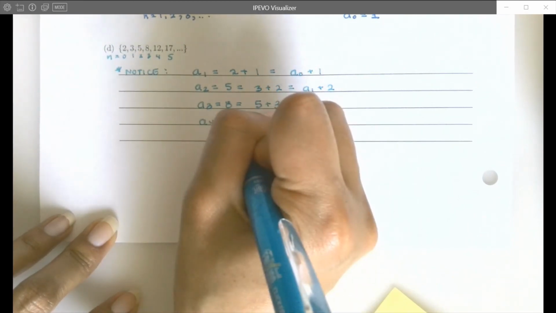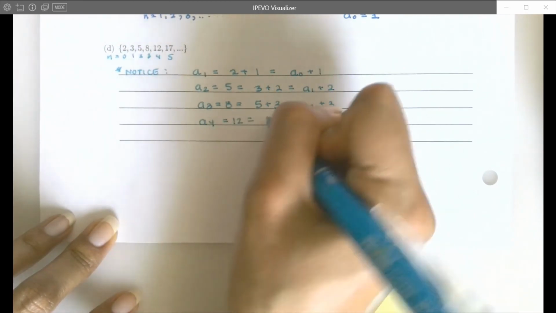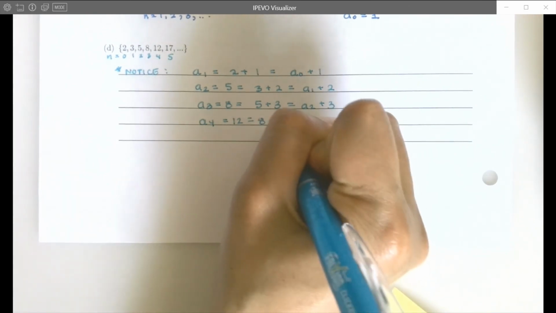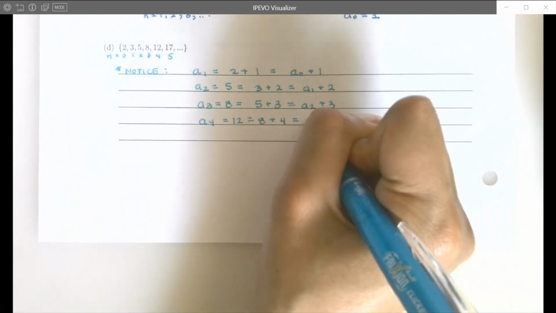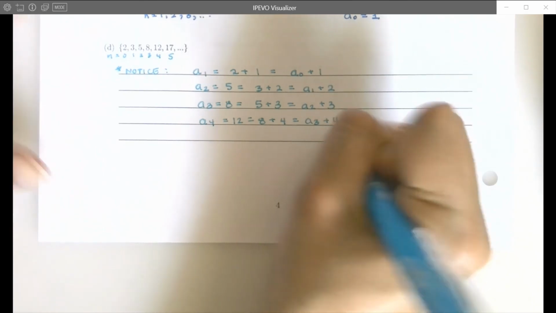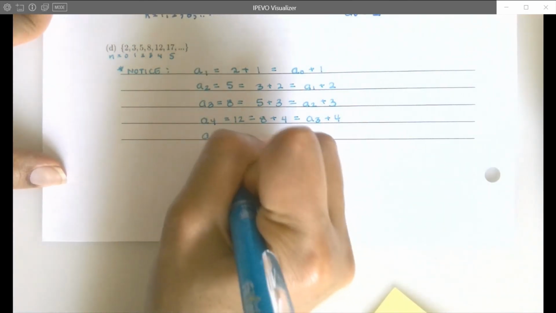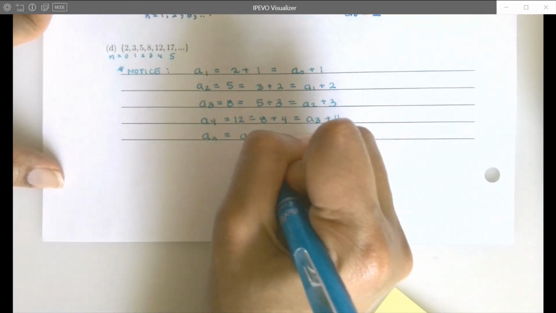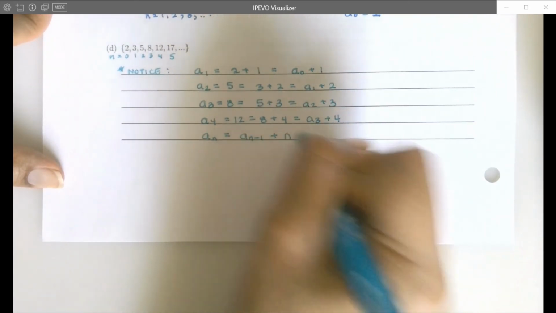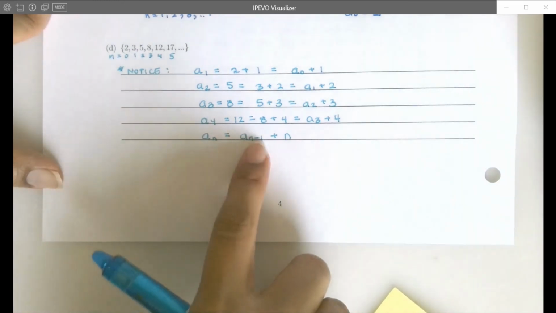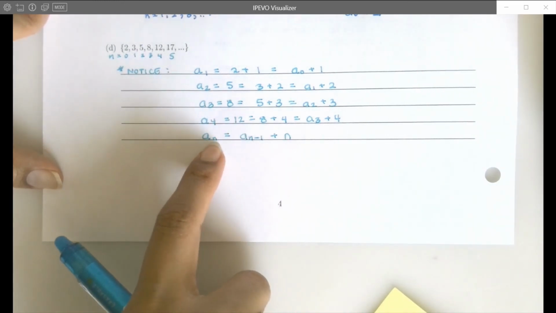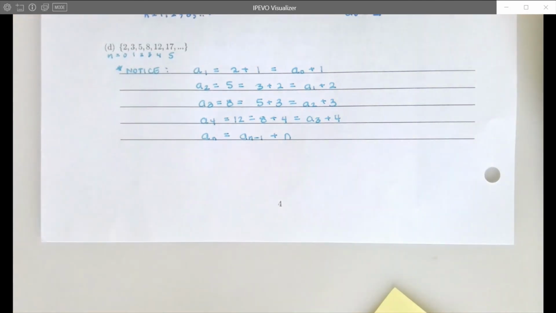A4 is 12, which is an 8 plus a 4, and that is a 3 plus 4. So in general, we're seeing the pattern an is a sub n minus 1 plus n, right? So it depends on the previous term plus whatever this subscript defines.